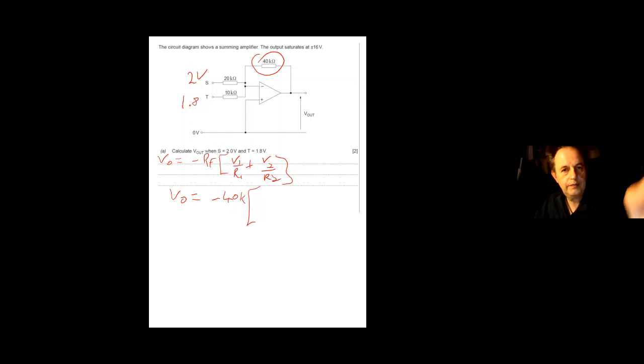So your V1 is 2 volts with resistor R1 of 20k. And your second one, the voltage is 1.8 and your resistor is 10k. I'm going to pause there. If you're watching it, work it out.